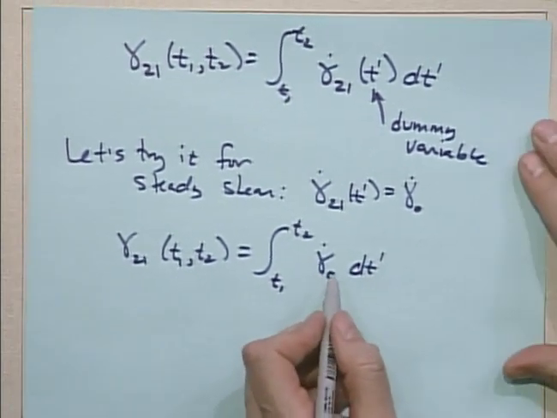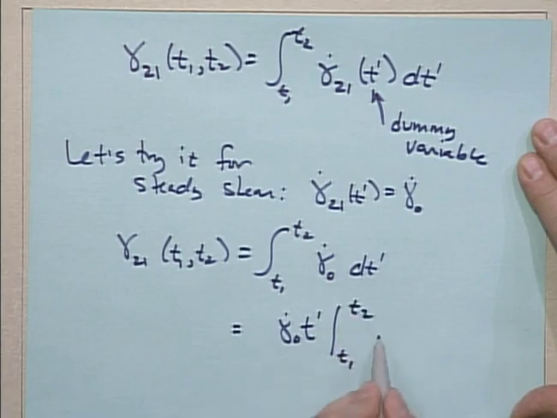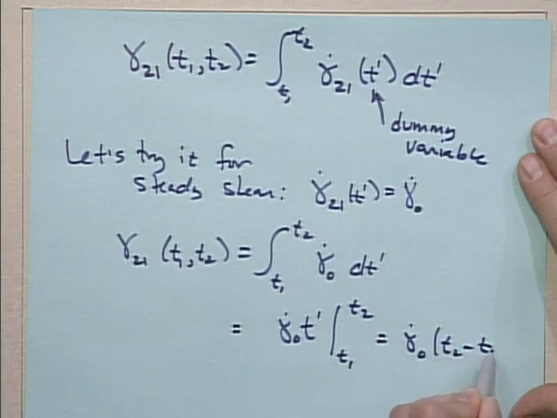That's just a constant. So when we integrate it, we get gamma dot naught times T prime evaluated between T1 and T2, which is gamma dot naught times (T2 minus T1). Same thing we got before. The time interval times the shear rate is equal to the strain.